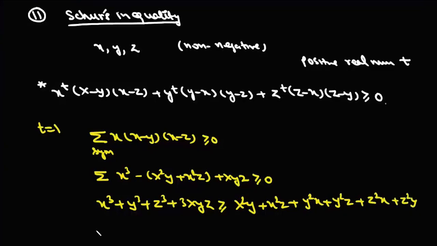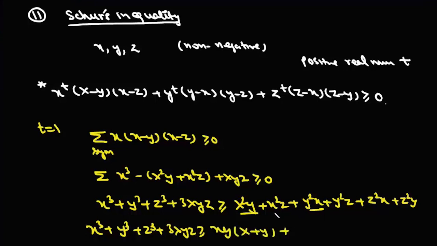Now we can rearrange this right hand side: if we take these two together we can write xy into (x plus y), taking these two yz into (y plus z) plus xz into (x plus z).